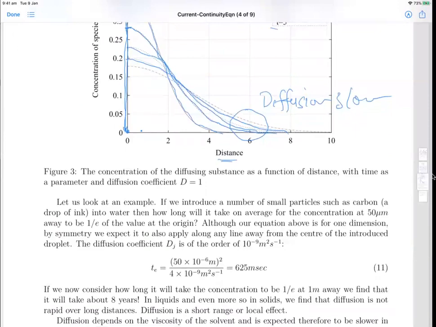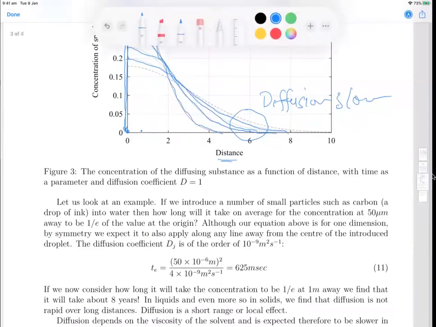Well, let's look at a real-life example. Let's look at the introduction of our carbon particles in the form of ink. And we ask the question, how long will it take for a carbon particle to reach 50 micrometers away from the epicenter where we drop the ink in?